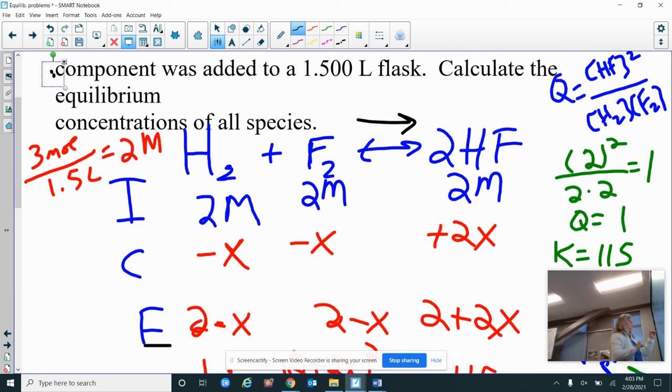So now we know we're going to lose X amount of this, we're going to lose X amount of this, and we're going to gain 2X of this, because there's a 2. So then this will be 2 minus X, this will be 2 minus X, and this will be 2 plus 2X.